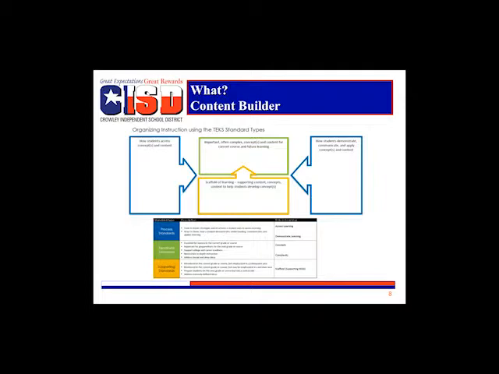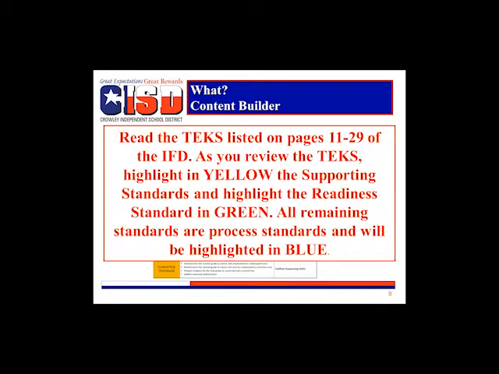For the purpose of today's PLC curriculum preview, we will be using the Unit 3 IFD, Proportional Reasoning with Ratios and Rates. At this time, please read the TEKs listed on pages 11 through 29 of the IFD. As you review the TEKs, highlight in yellow the supporting standards and highlight the readiness standards in green. All remaining standards are process standards and will be highlighted in blue.